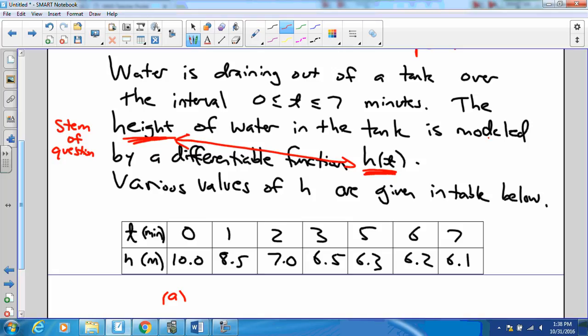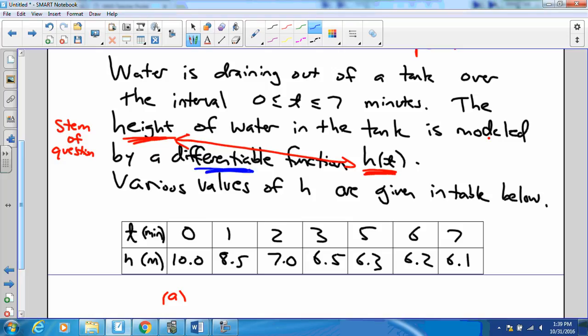So you want to think of h and height as being synonymous with each other. They aren't exactly. In real life, the height is whatever it is, and h of t is simply our model for it, our equation for it. So they're not exactly the same, but we're going to treat them as the same for this problem.